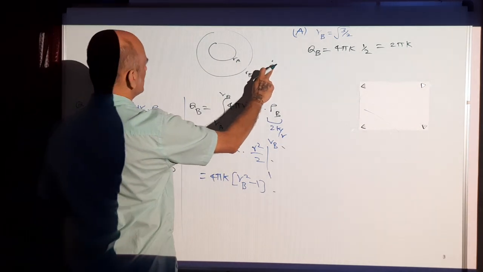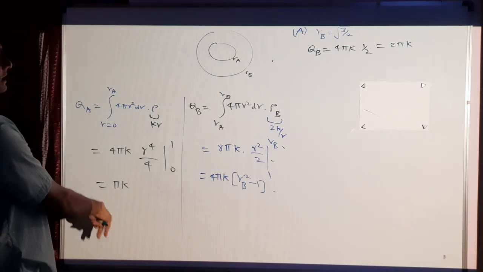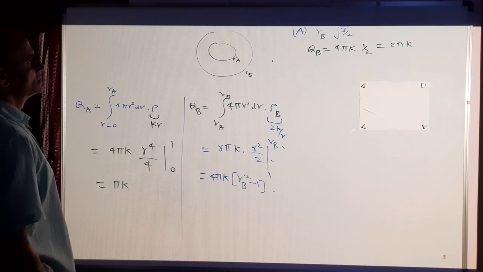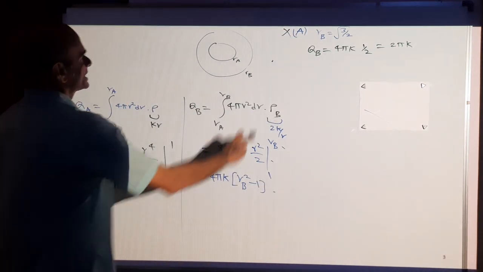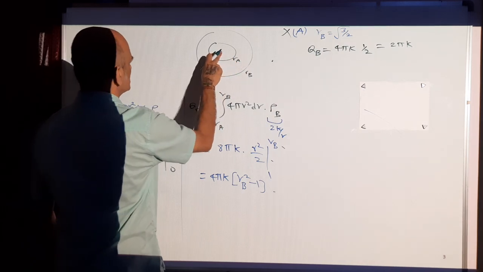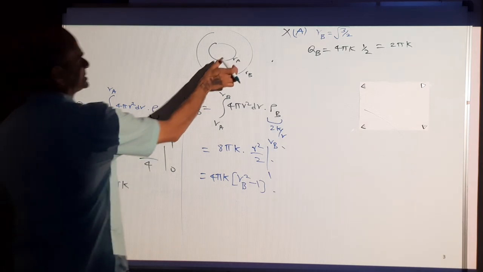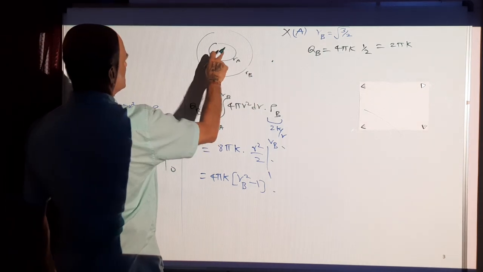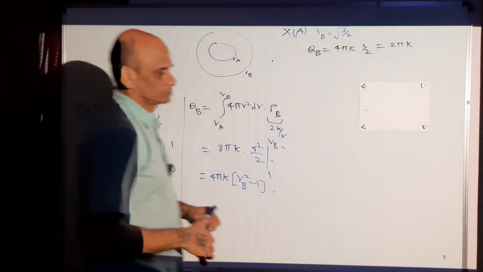So the field here will be 0 only if the total charge is 0. Qa is pi k and this is 2 pi k, so the total charge is 3 pi k. The only way the electric field here can be 0 is if this whole thing is treated as a point charge here and this point charge is 0. Here the charge is pi k and the charge in this shell is 2 pi k, so the total charge is 3 pi k in the middle. So there will be an electric field here. So option E is not true.